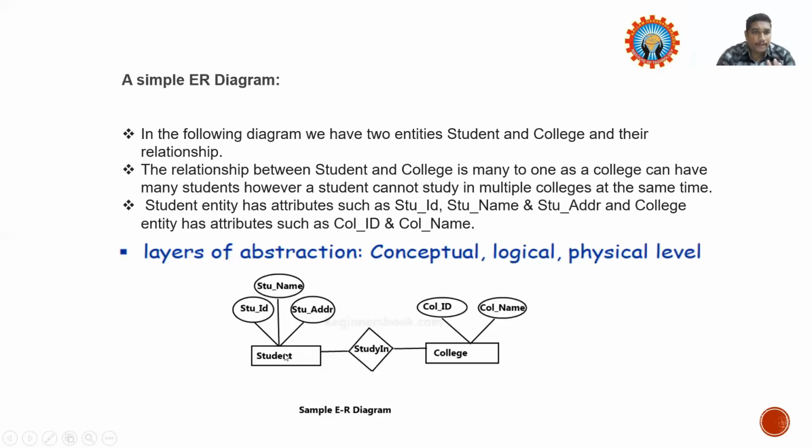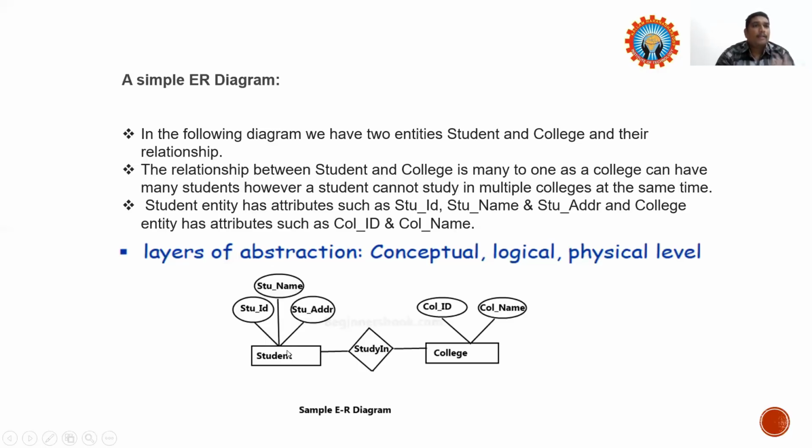I have a student ID. I have 5 students in the particular student entity. Is it visible to you? Here we have 5 students, all in the particular entity. If it has 100 students, is it visible to you? No. This is nothing but layers of abstraction.